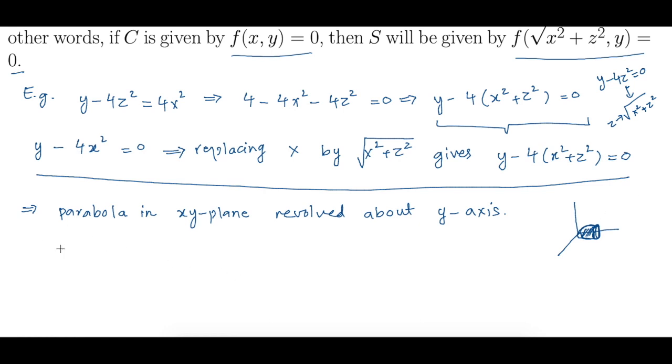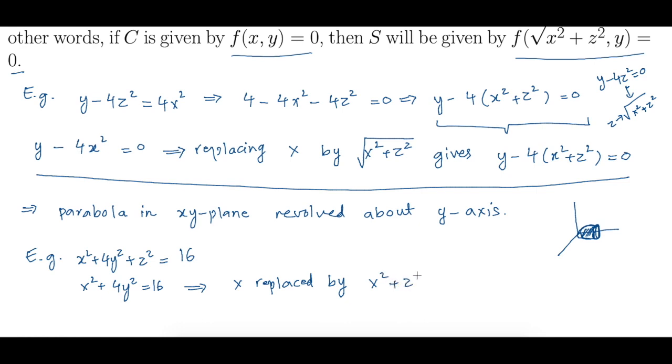Let's do another example. We have x squared plus 4y squared plus z squared is equal to 16. Again we can say x squared plus 4y squared is equal to 16, and then x replaced by the square root of x squared plus z squared gives me x squared plus 4y squared plus z squared is equal to 16.